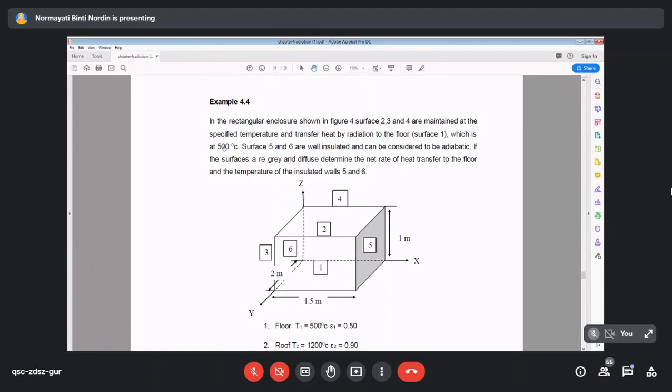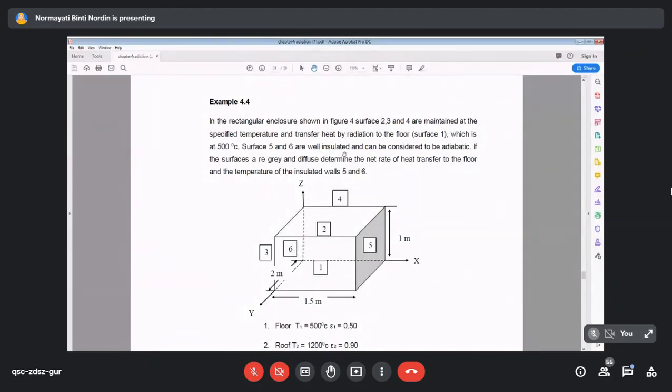So for 2, 3 and 4, the temperature values are given, and from these 3 surfaces they emit radiation and arrive at surface 1, which is the floor, at a temperature of 500 degrees. And then you have surfaces 5 and 6, on the right side, which are insulated.